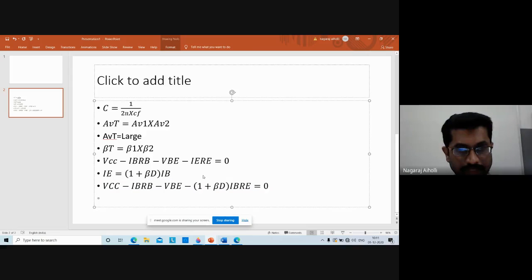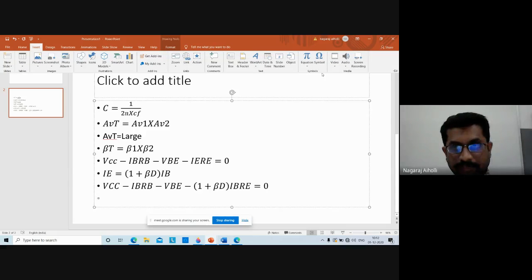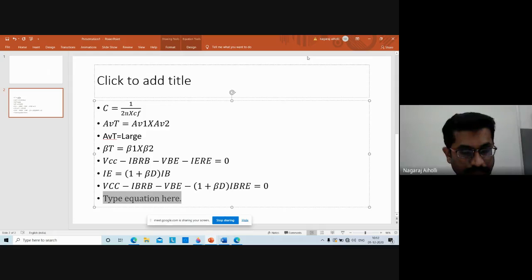Again, simplify this. Now I will take VCC minus VBE to the other side, that is to the LHS. VCC minus VBE is equal to, I will take IBRB, then this term 1 plus beta D into IBRE, to the RHS.